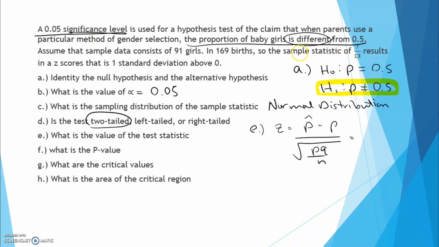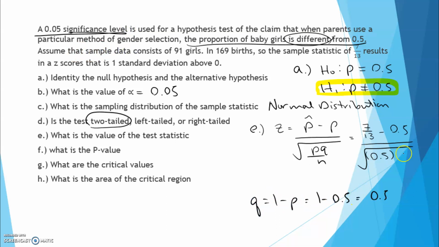Our p hat, the sample statistic, is 7/13, minus our p of 0.5, divided by the square root of p times q. To get q, that'd be 1 minus 0.5, which would be 0.5 again, divided by n, 169 births.